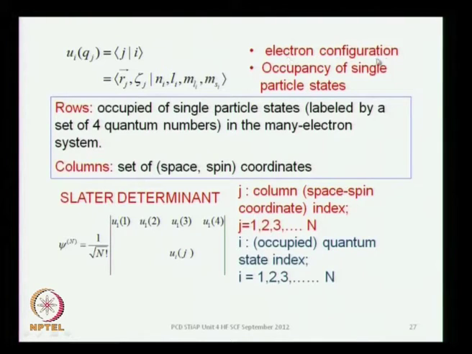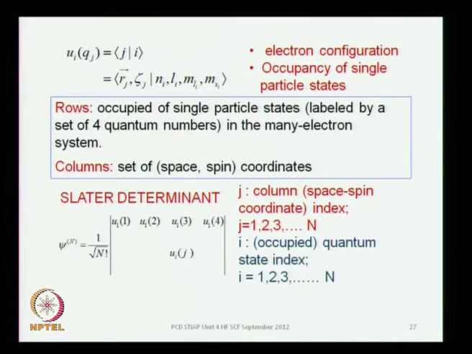So, the electron configuration is spelled out, and this also spells out the occupancy of single particle states, that if you have got an energy spectrum in which there are hundreds or even an infinite set of single particle orbitals which are solutions to the problem, not all of them are occupied.